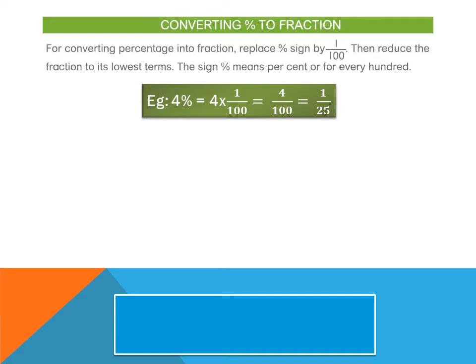For example, 4% means 4 into 1 by 100. See, the percentage sign is replaced by 1 by 100. So it will become 4 by 100. Now if we reduce this fraction to its lowest term, then we will get 1 by 25. This is how you are going to convert percentage into a fraction.